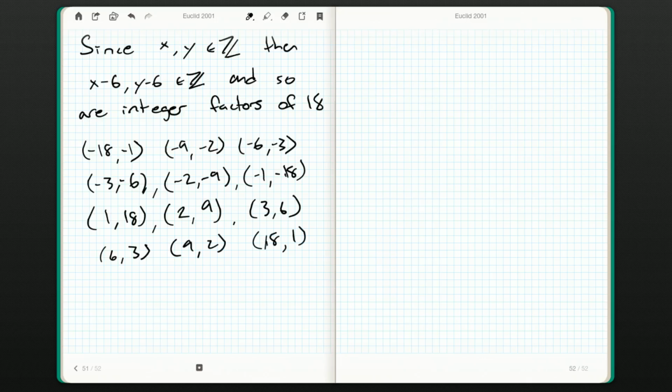These are the integer factors of 18. Usually we only do positive integer factors, but I'm not taking any chances here.